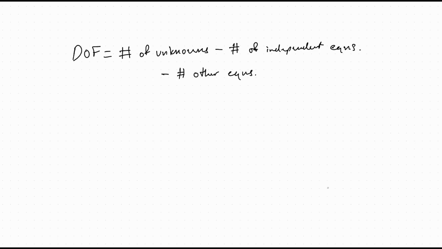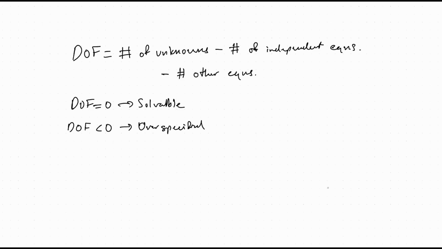If you have degrees of freedom equals 0, you have a solvable system. In essence, there is one and only one solution to the problem, and you can find it. You can solve it. If you have degrees of freedom less than 0, meaning you have more equations than you have variables or unknowns, you have an overspecified system.